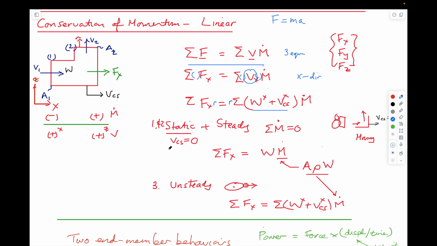We talked about a couple of different solutions, solutions which are static and those which are steady. The static solution we talked about was the jet lev, where it's just being elevated by a jet of water which is being squirted down. It's not moving in any direction, and so that represents a static control volume, in which case the control surface is moving at velocity VCS equals 0.